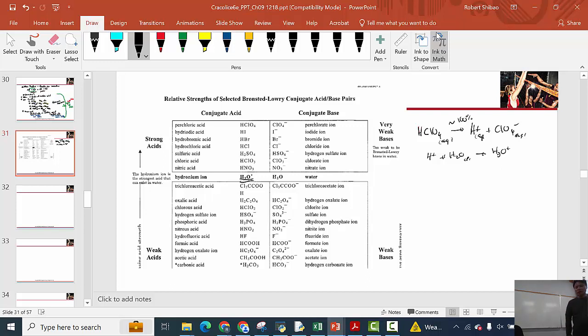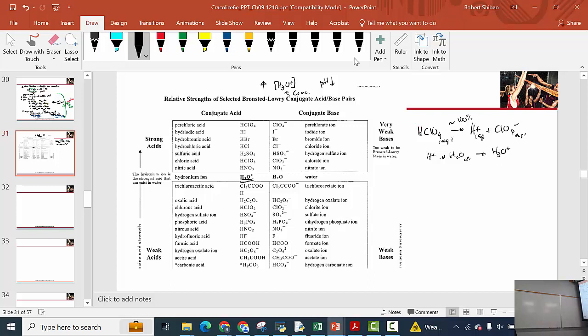We can easily measure this by a pH meter. A pH meter measures the hydronium content in a solution. For example, if the hydronium, and I have square brackets here, the square brackets means concentration, as the hydronium ion concentration increases, the pH actually decreases. It's inversely proportional. And so the strong acids all have low pH.